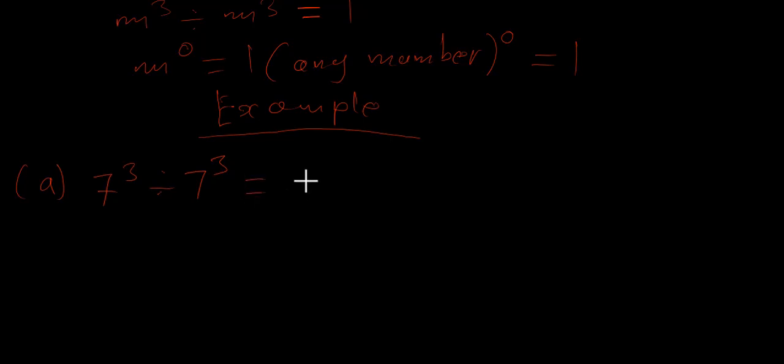So this is equal to 7 multiplied by 7 multiplied by 7 over 7 multiplied by 7 multiplied by 7.